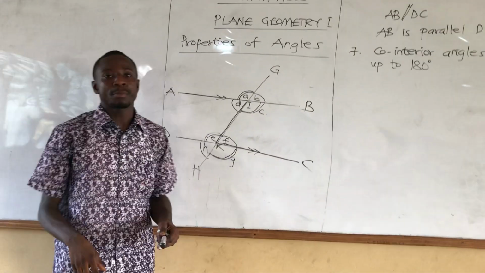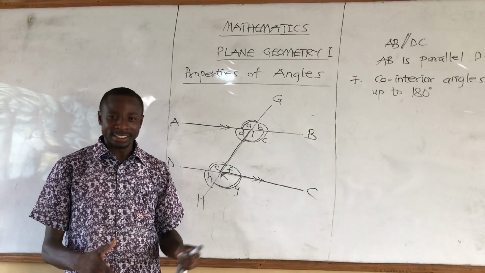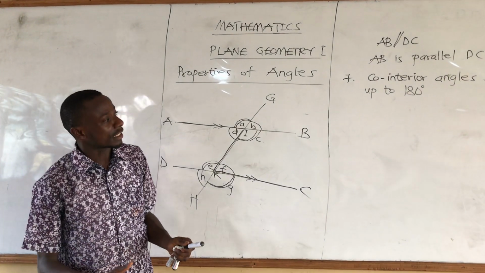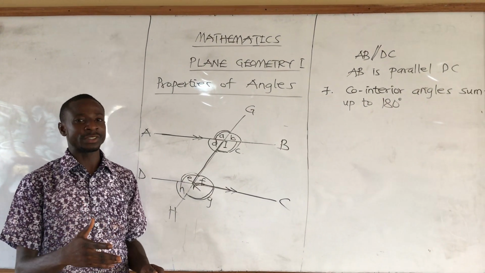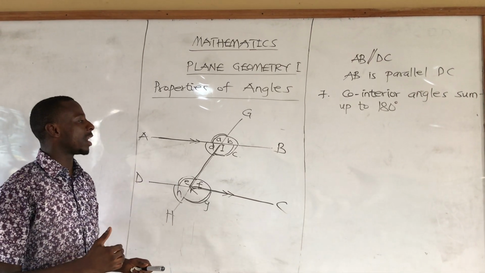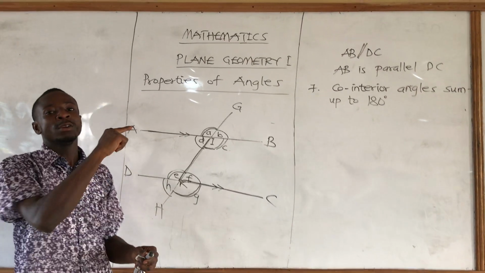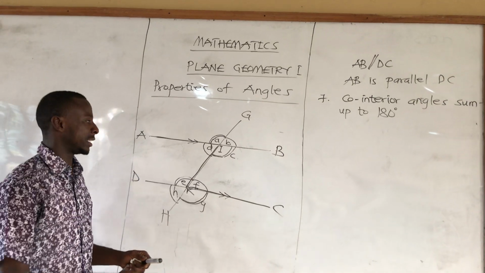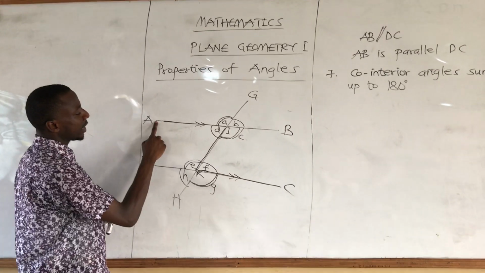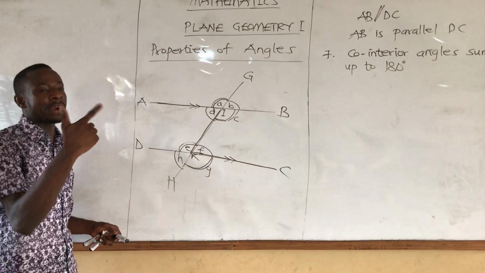Now the next property is co-interior angles sum up to 180 degrees. We get co-interior angles when we have two parallel lines. From here, we know that AB is parallel to DC.